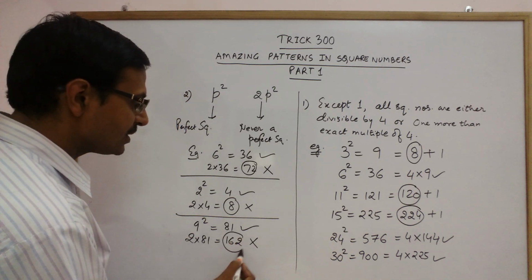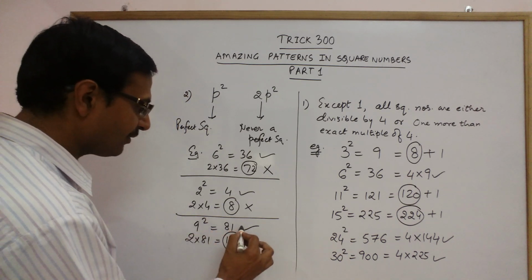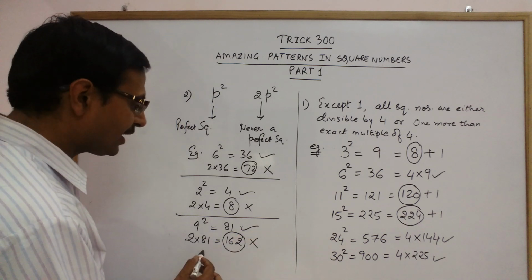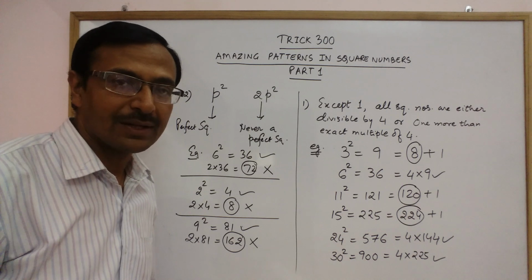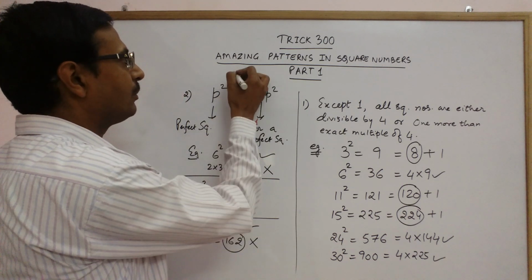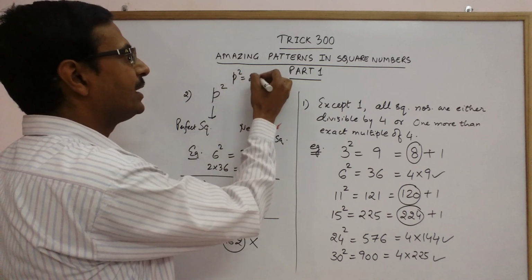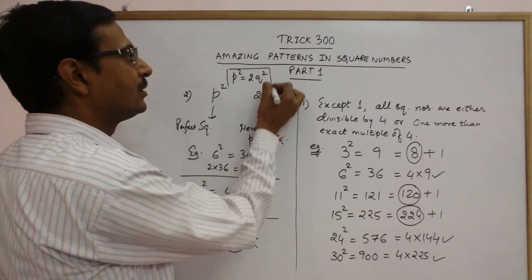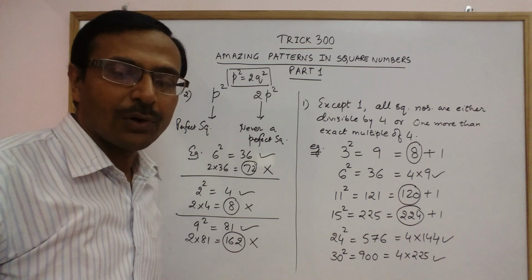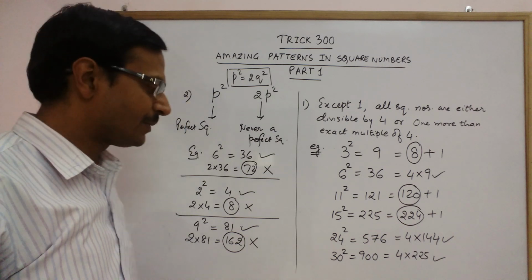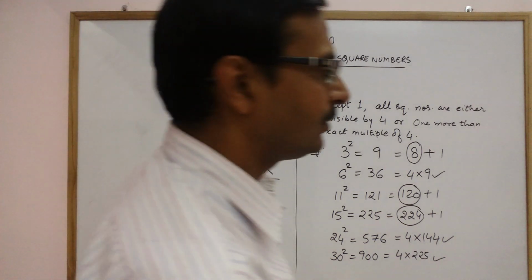So all the numbers whose square we have taken, the double of that square number will never be a perfect square. There is no pair of numbers which obey this equation. This equation can never be proved correct for any numbers. Yet another amazing pattern.